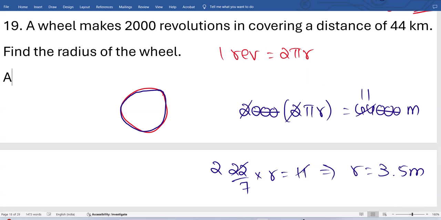Understand that one revolution, one round, covers 2 pi r distance. 2000 revolutions, 2000 into 2 pi r. When you do all those, 44,000 meters. I believe you people can see the answer is 7 by 2, 3.5.